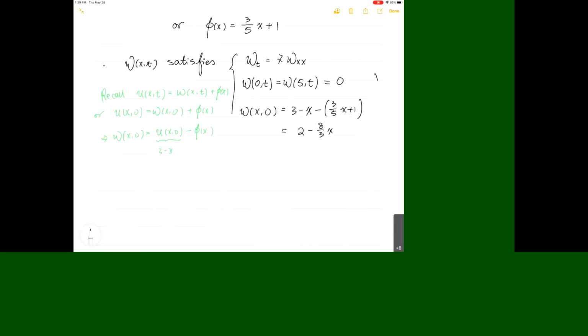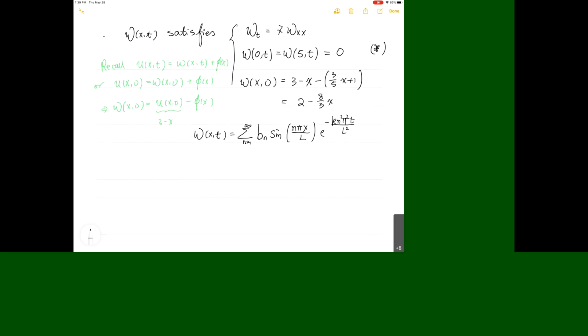All right, so let's look at the heat equation star. We know how to solve the heat equation star, right? This is nothing but the very simple heat equation we have solved in the first place. So we know the solution: w of x, t equals the sum from n equals 1 to infinity of b_n sine of n pi x over L, times e to the power of negative k n squared pi squared t over L squared.